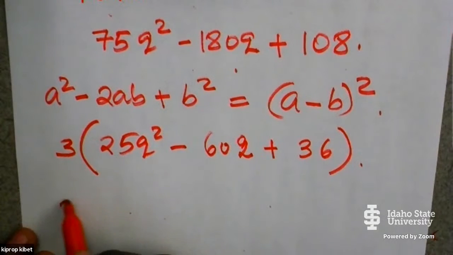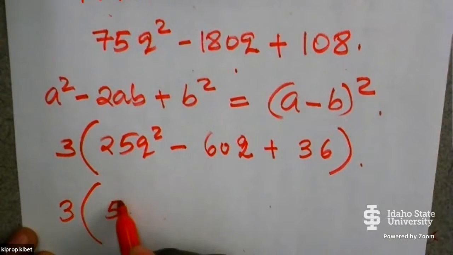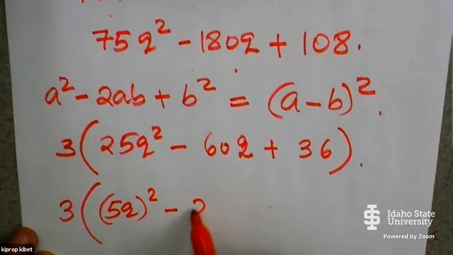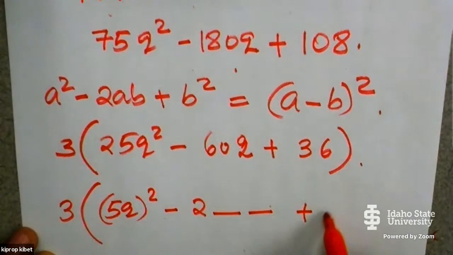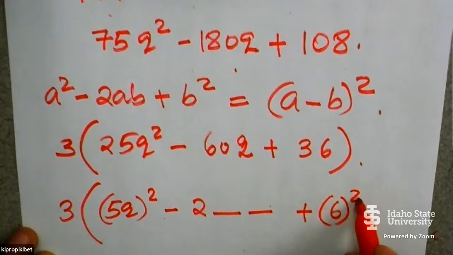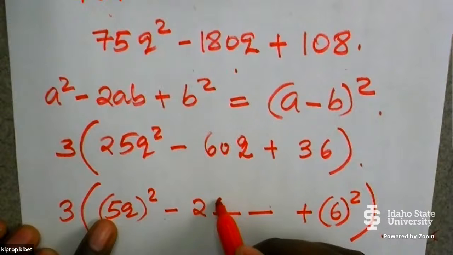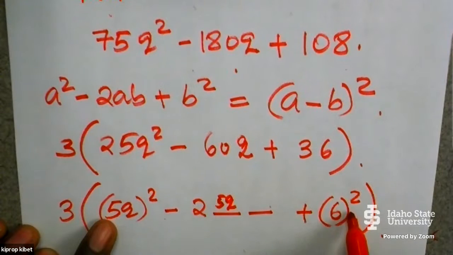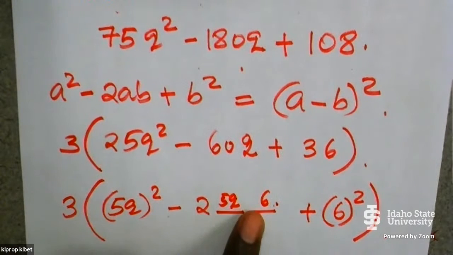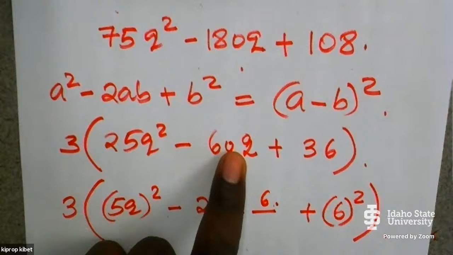So 3, and then we have 5q squared minus 2 is constant. We need to look for a and b, plus 6. So our a is 5q, our b is 6. So 6 by 5 is 30, by 2 is 60.